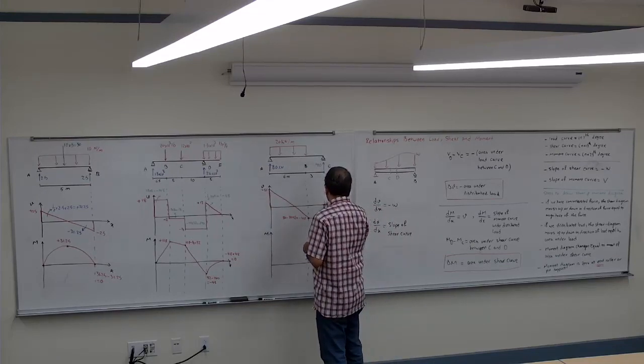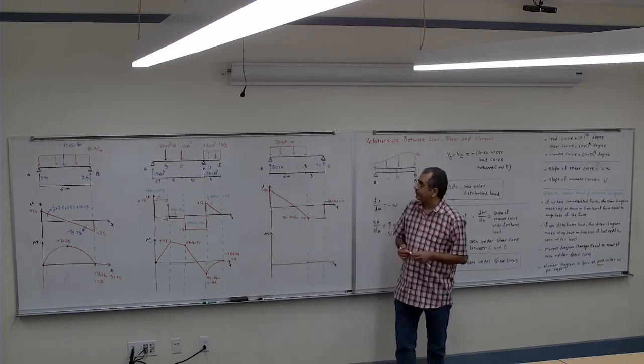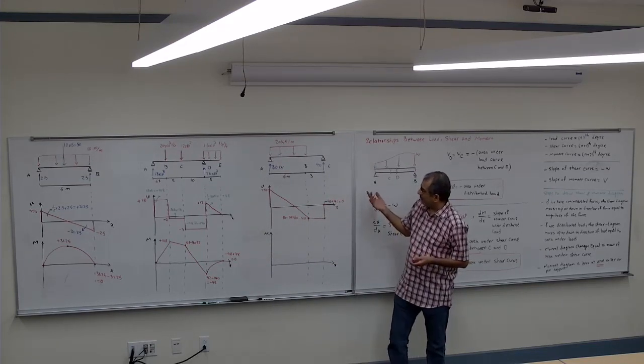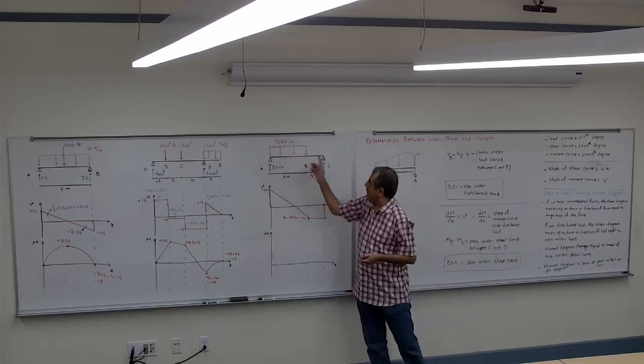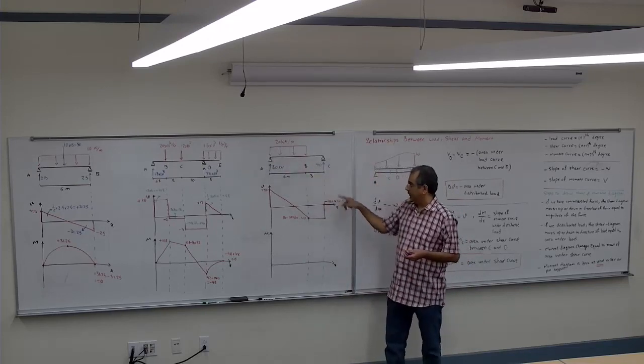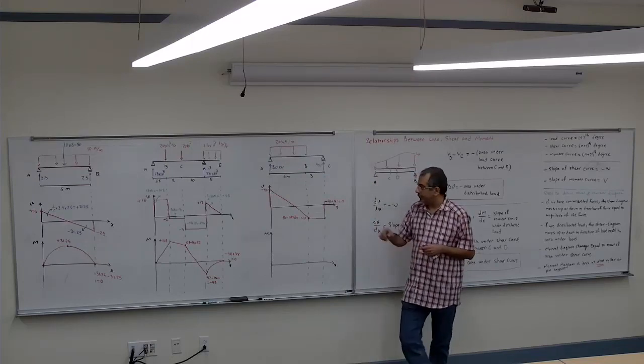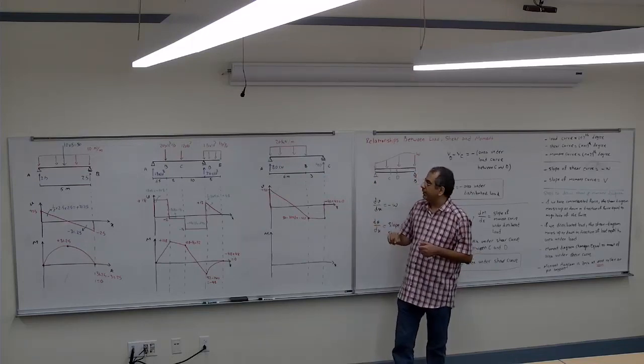That becomes negative 40 plus 40, which would be 0. And you know that by looking at it, this shear is 0. Any question?